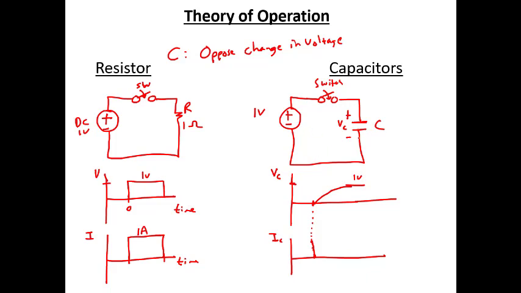The current would be dependent on the resistance in the circuit, and we don't have resistance here, so let's just ignore that. What's going to happen is the current's going to go up, and then it's going to go down here, and as soon as we get to our 1 volt, the current is going to equal 0. This is going to be an exponential function of increase and decrease.